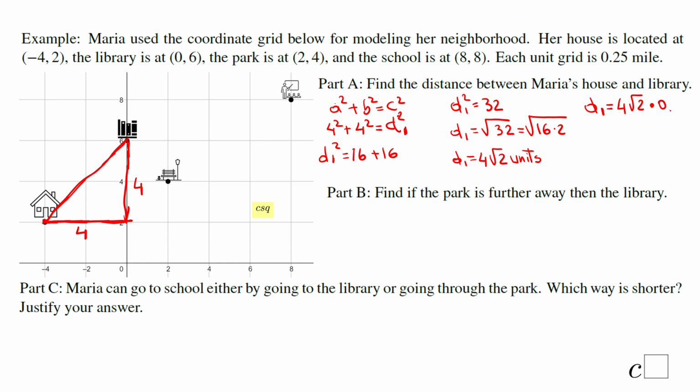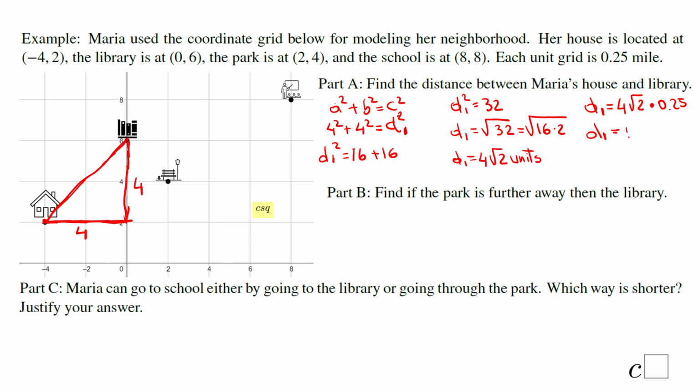by 0.25. And let's do that with a calculator. 4 times square root of 2 times 0.25, I end up with 1.41.